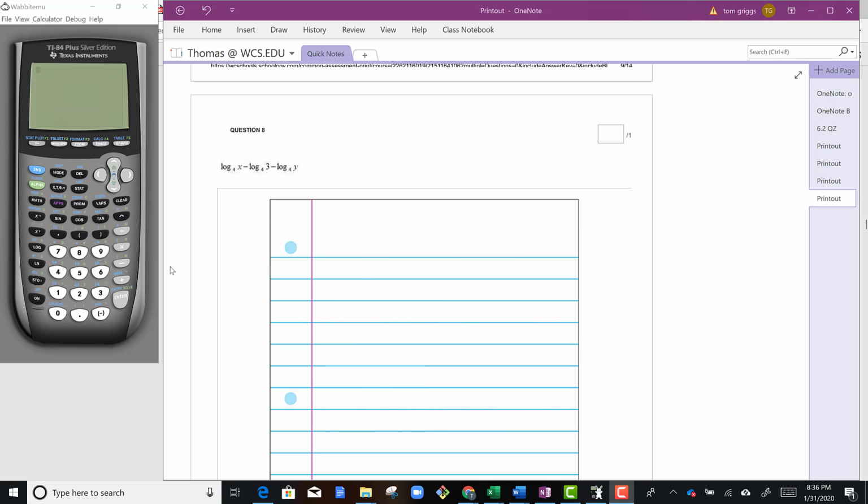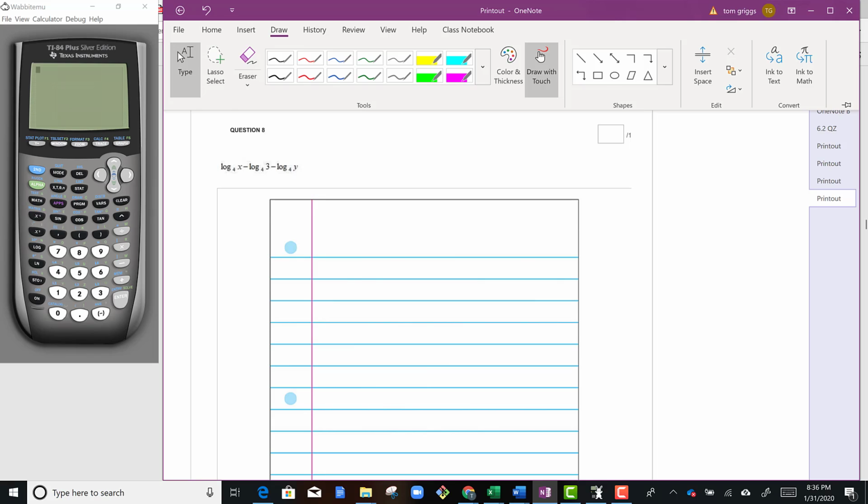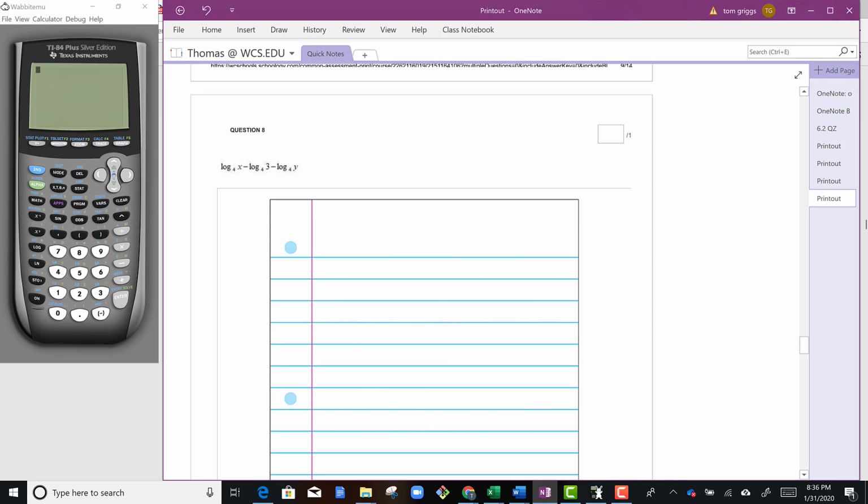All right, so question 8. Here the directions are a little different. We are writing these as a single logarithm. So subtraction converts to division. So you can really only combine 2 of these at a time. So I'm going to combine the first 2, and that becomes log base 4 of x divided by 3.